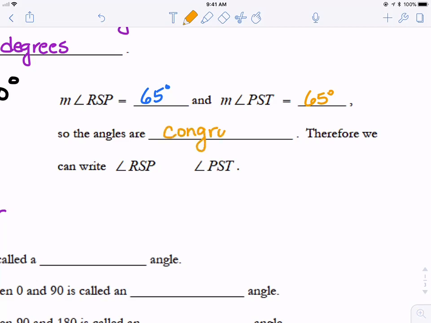And the same symbol that we used for segments applies here. So we'll see the angles are congruent. Now, I'm again going to clarify something about notation. Okay, you either say angles are congruent or their measures are equal.